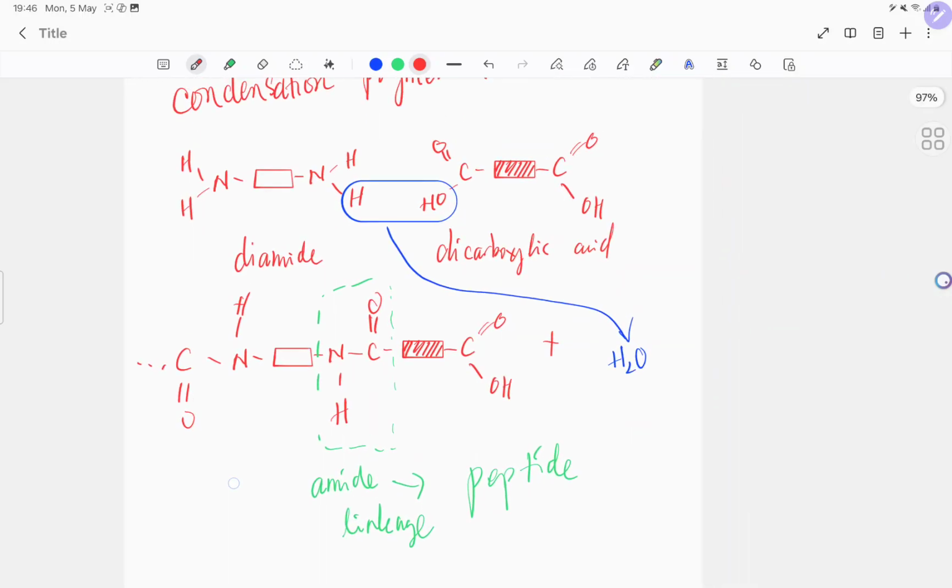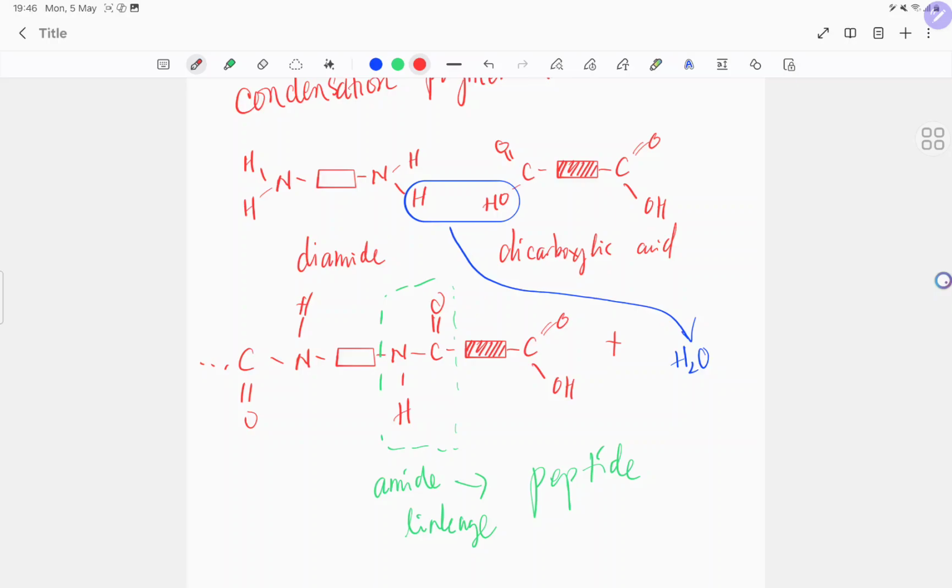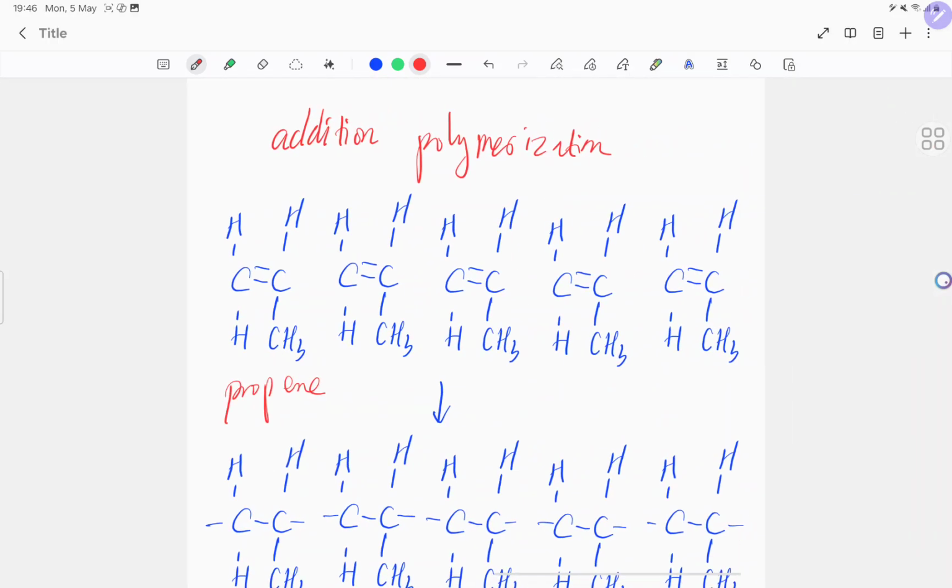There are some different types of side product. But in your syllabus, you only learn about the water case. That's the difference between them.